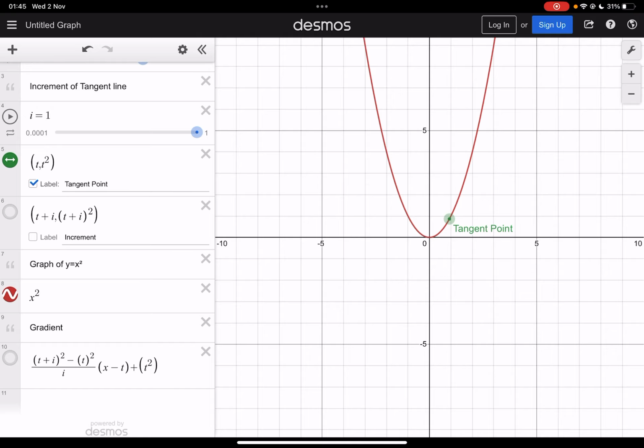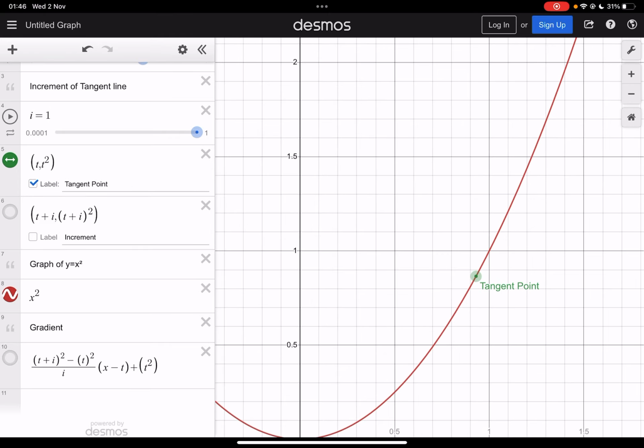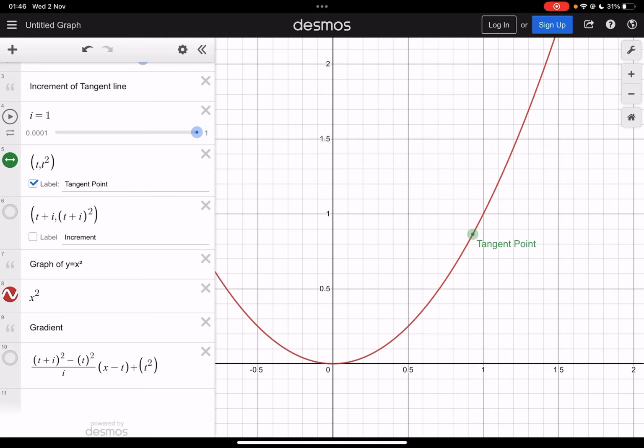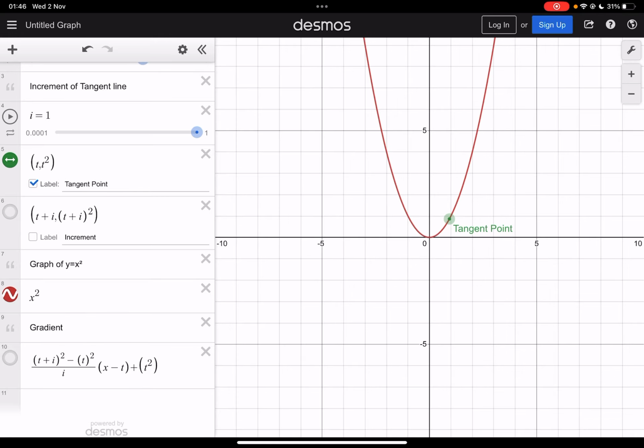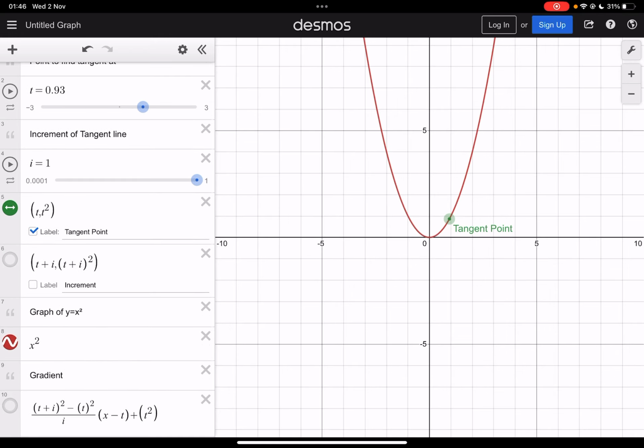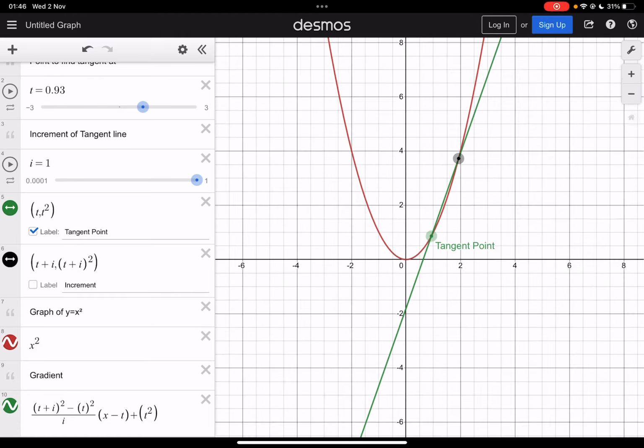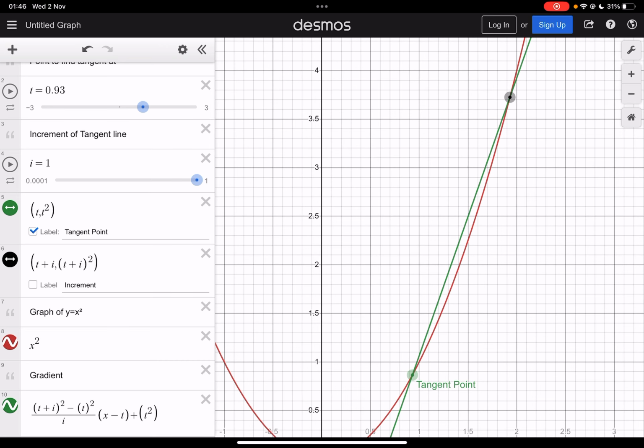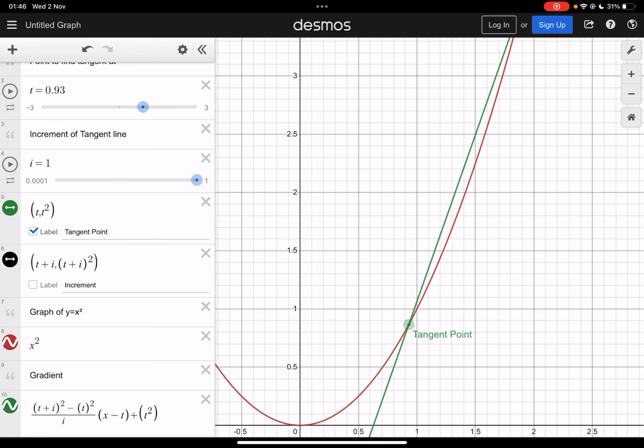But it's a bit hard to calculate something by saying, oh, we just infinitely zoom in, and then that's the point. So another way of looking at it is if we have another point, and then take the gradient of this, you can see that this point right now is not very close to the curve, and definitely not close to what the tangent should be.